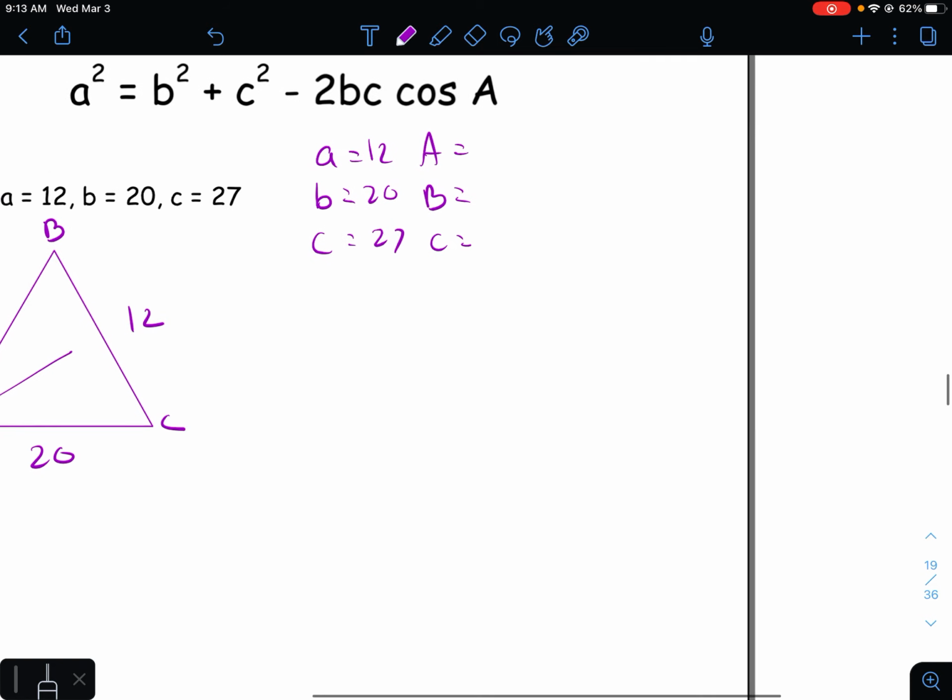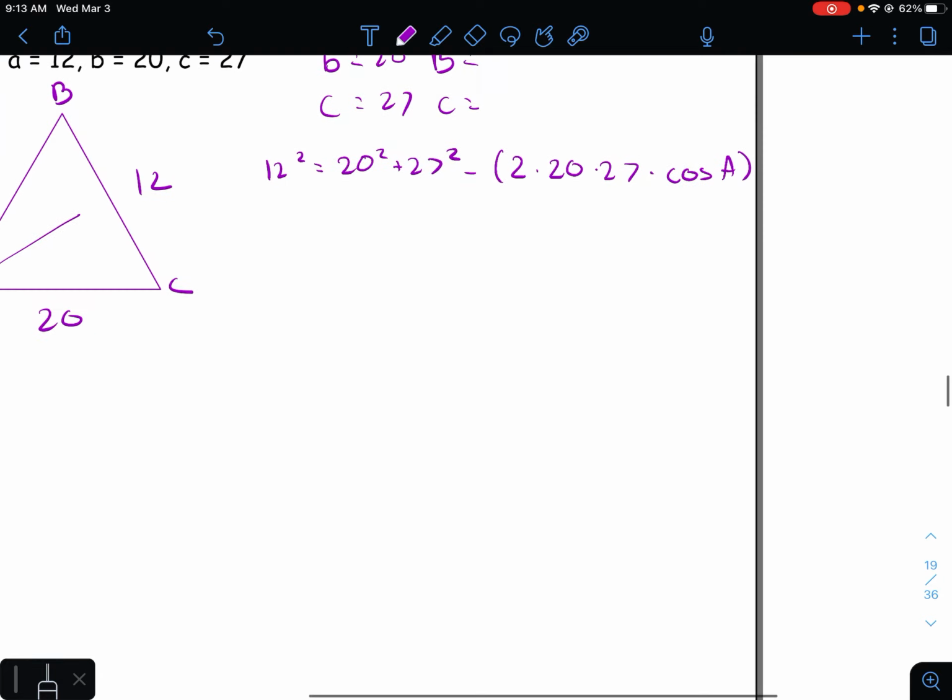So let's plug this in. We get 12 squared equals 20 squared plus 27 squared minus 2 times 20 times 27 times cosine, and we don't know what A is.